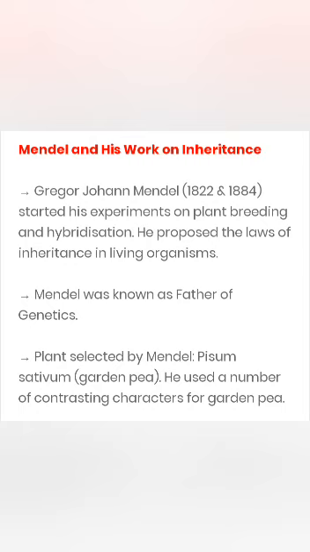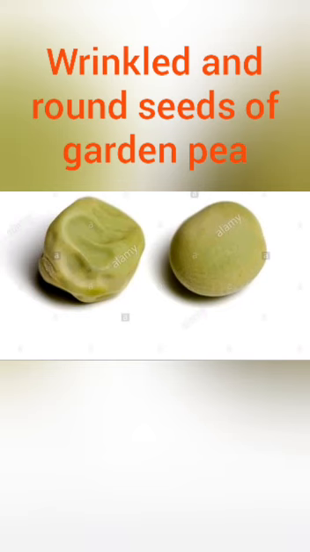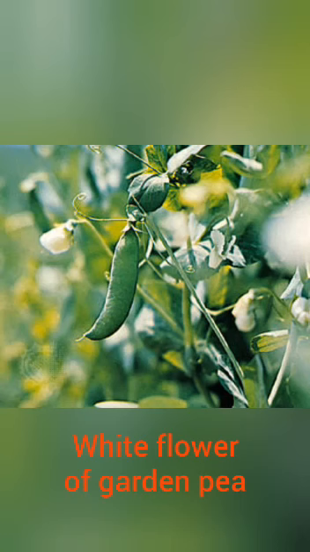Mendel selected garden pea, that is Pisum sativum, which is the scientific name for garden pea, for his experiments. He used a number of contrasting characters of garden pea, like round and wrinkled seeds or white and violet flowers.